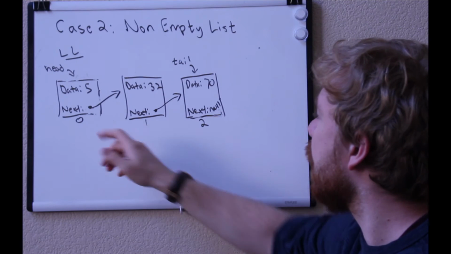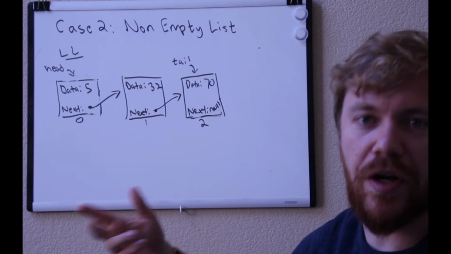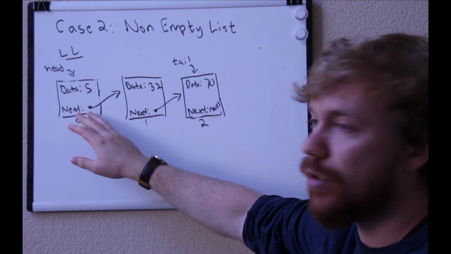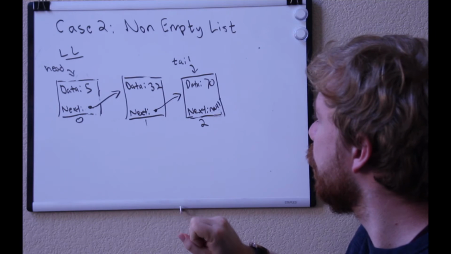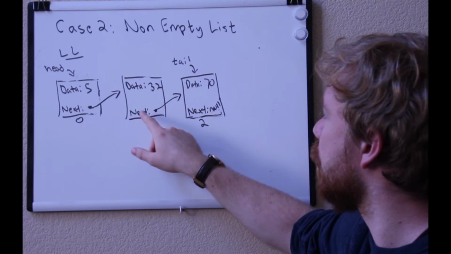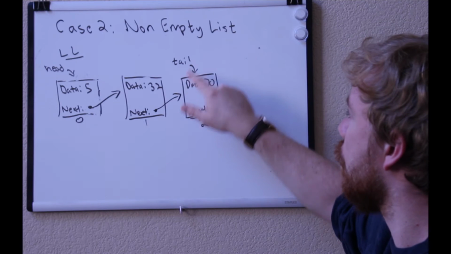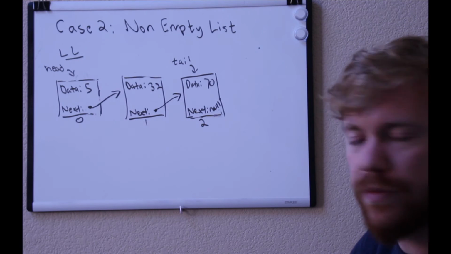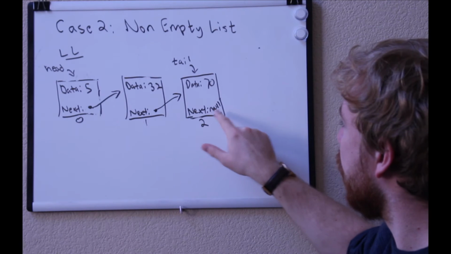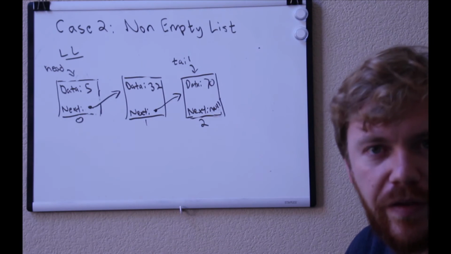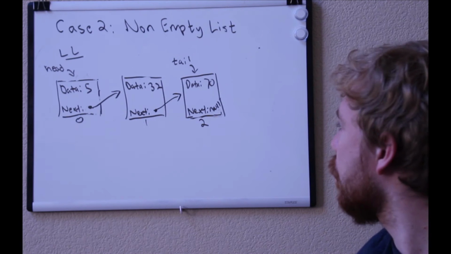And the next pointer or reference, or variable, references the next node, this guy, whose data is 32 and whose next variable references the next node, who happens to be the tail, whose data is 70 and whose next variable references null or nothing because there's nothing after the tail node.